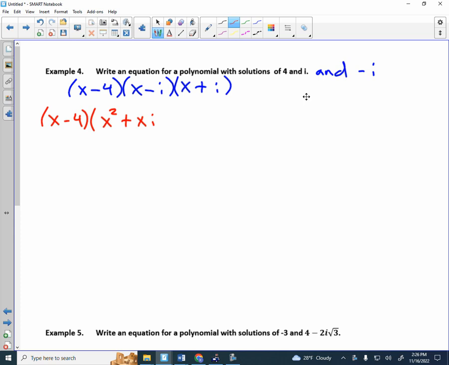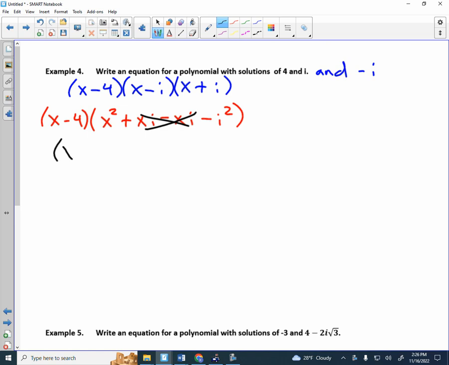So now we move on. Negative i times x is a negative xi. As Kenny just said, they were conjugates, so he knew the middle would cancel. He's absolutely correct. And then negative i times i is negative i squared. So as Kenny said, what happens to the middle? It goes away. All the imaginary pieces will go away.